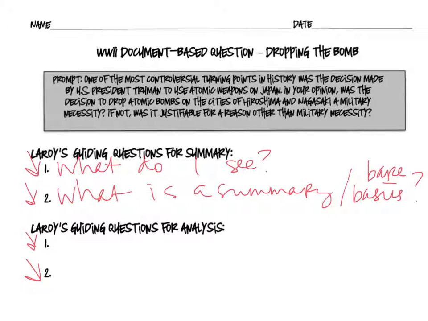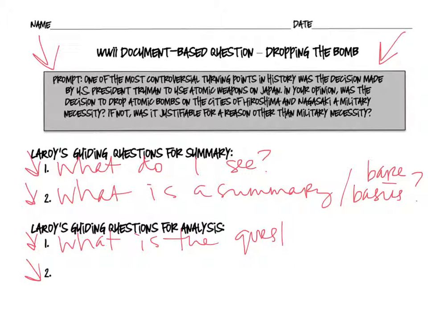And then when we look at analysis, we're looking to see how we can use that document to support the question. Remember, this is the question that all of the documents are going to have you either support military necessity or not. So the first question when we're looking at analysis is, what is the question asking? And then the second thing is, how can I use this document to answer the question?